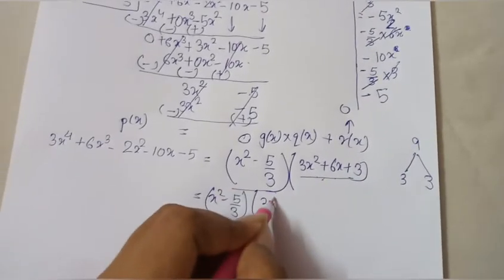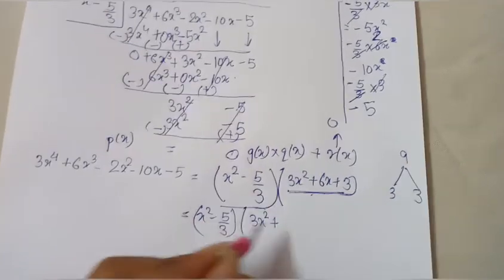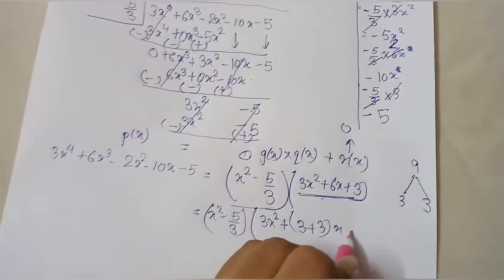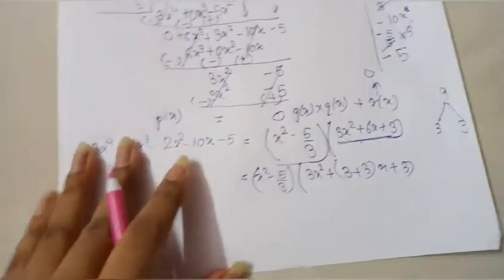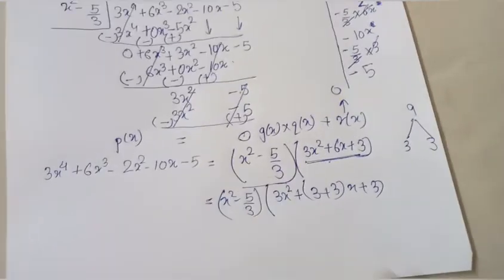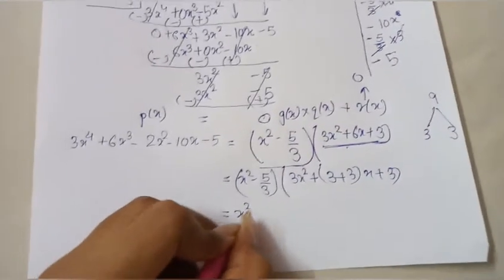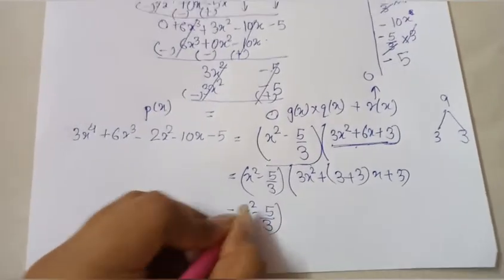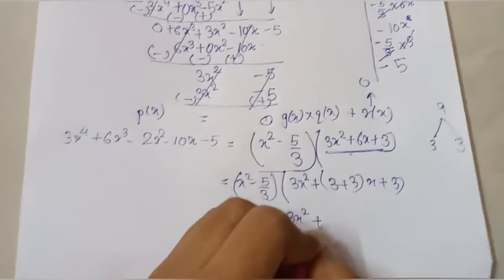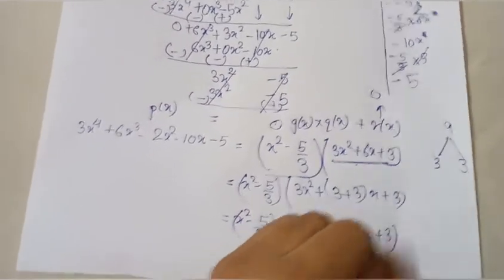So 3x square plus 6x plus 3. We'll solve it and find the factors of this equation. No need to take 3 common, because we need zeros, or we can say factors. Now 3x square plus 3x plus 3x plus 3.